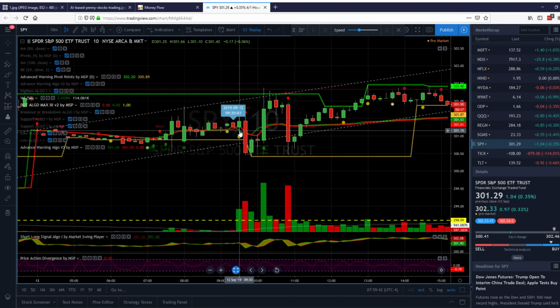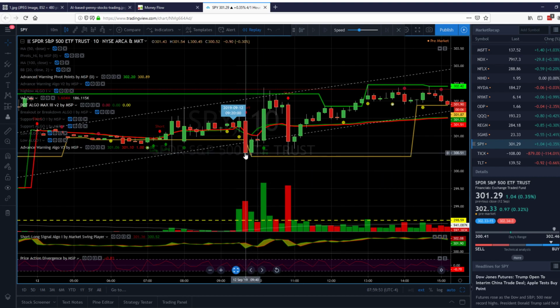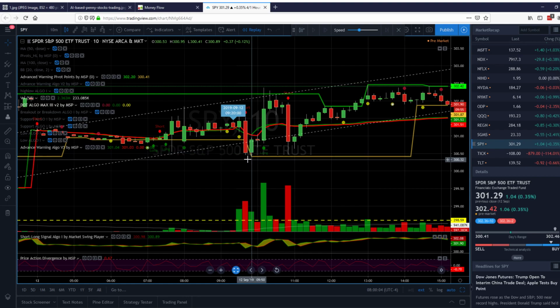So price hit a high of 301.66. And finally, we get a flush. So price flushed to 300.45, okay? So this is the 940 candle, and this is the 950 candle. Things move quickly. We want to make sure it stopped dropping like a rock because it was still in the drop process. It looks good.